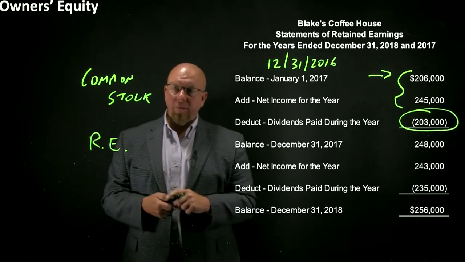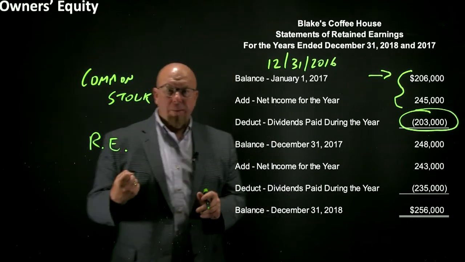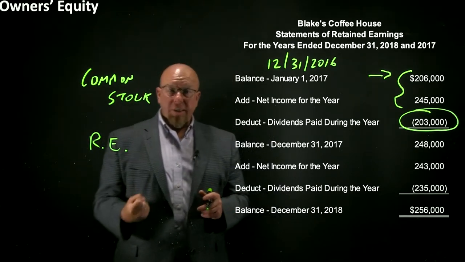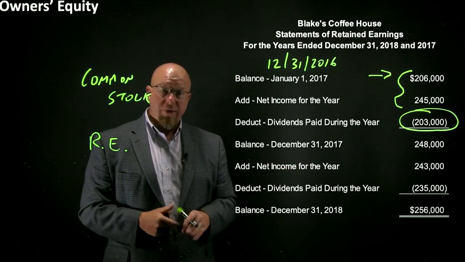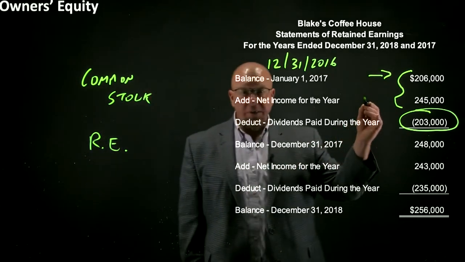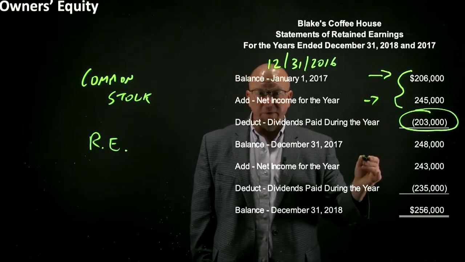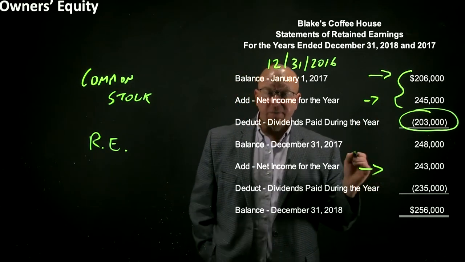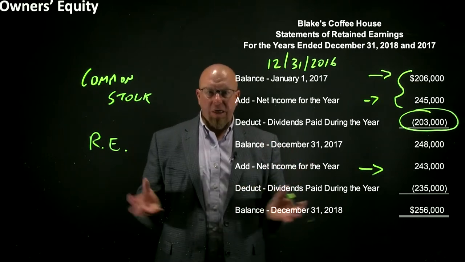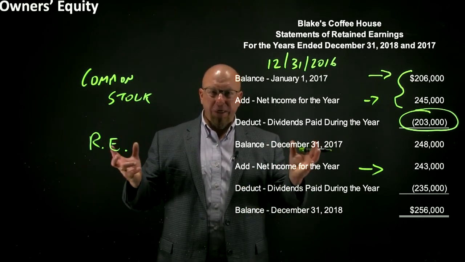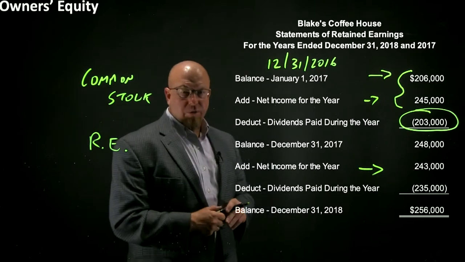Think about it this way. We run the business, we generate a profit, and a profitable business is going to be worth more than a company that does not generate a profit. So the fact that we're generating this profit here in 2017 and 2018, that makes the business more valuable. That's the concept of the retained earnings, owner's equity getting bigger because of these earnings we've generated.